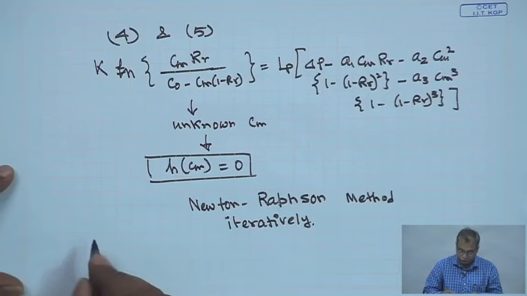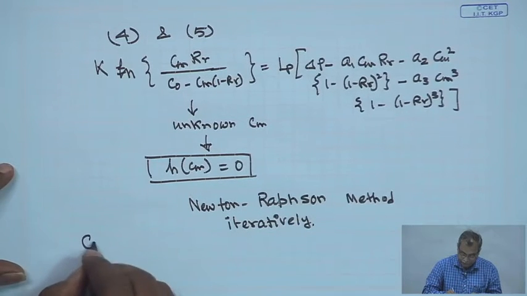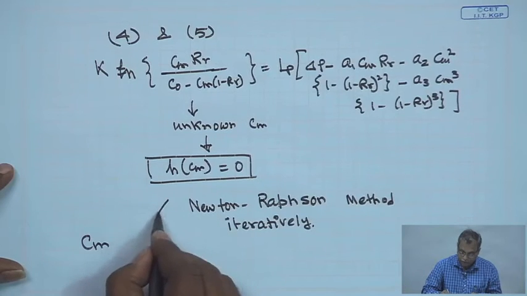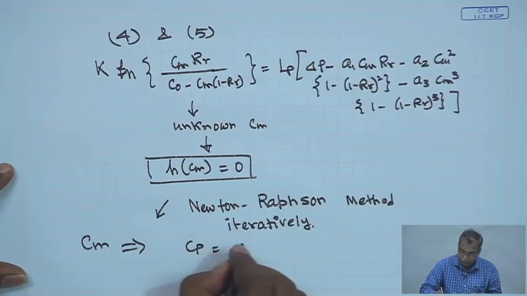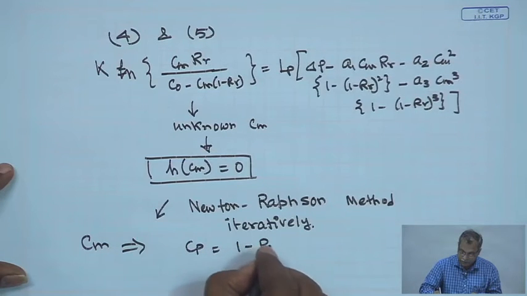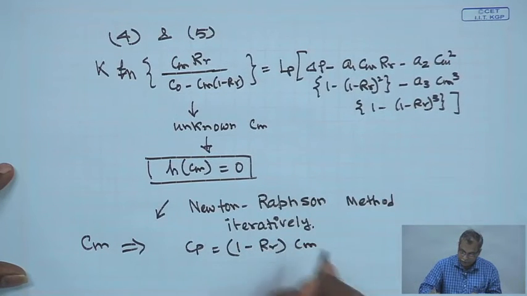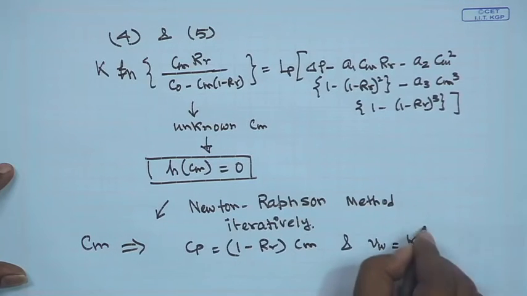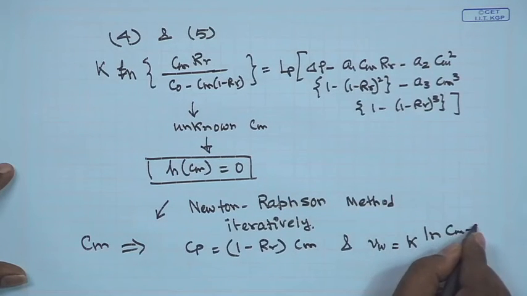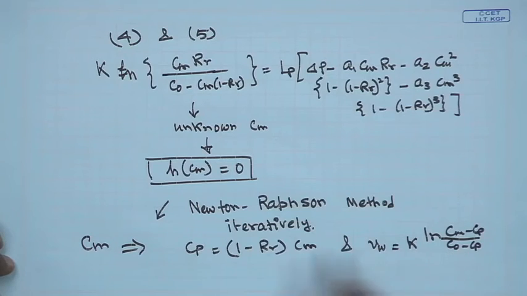Once we get the value of Cm, what will be the output? The output will be Cm. Once you get the value of Cm, you can get the value of Cp as 1 minus Rr times Cm, and one can get the value of permeate flux as K ln of (Cm minus Cp) divided by (C naught minus Cp). We know the value of Cp now, and we know the value of Cm.